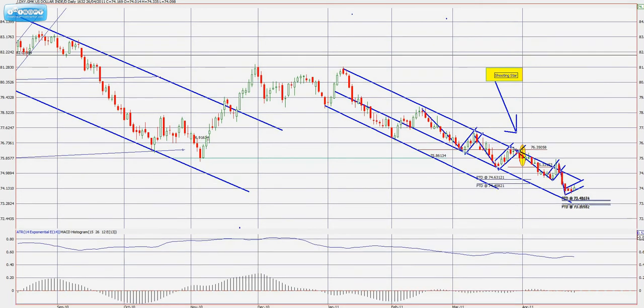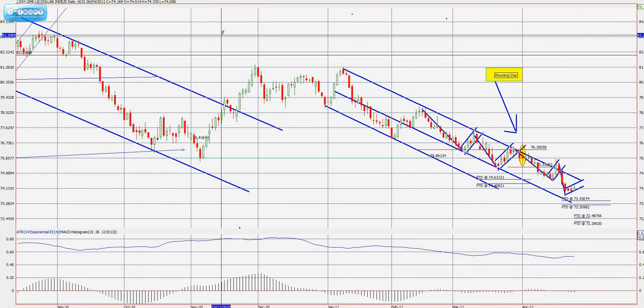And the target out of that one, when it does break, will be the 72.50. So the 72 mark is really where we're heading on the US dollar. No surprise that we're having a bit of a pullback, as it sold off quite rapidly last week. But let's just switch to some of the currencies.